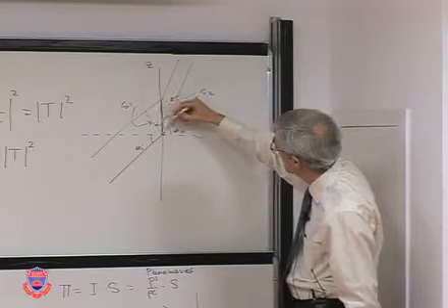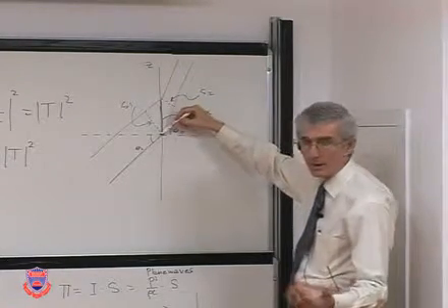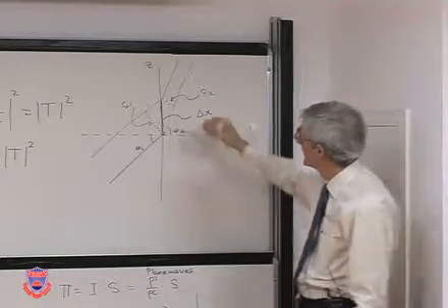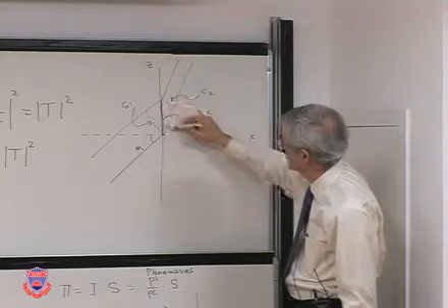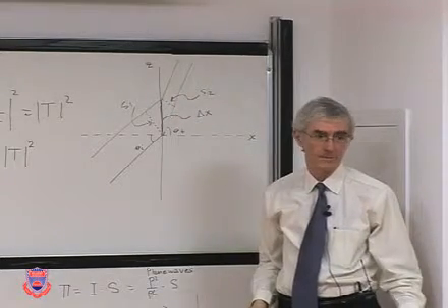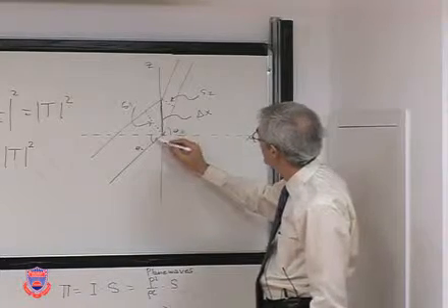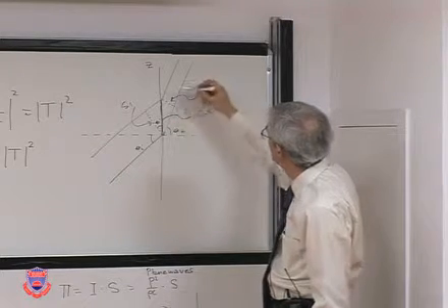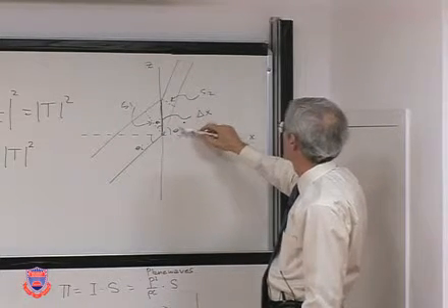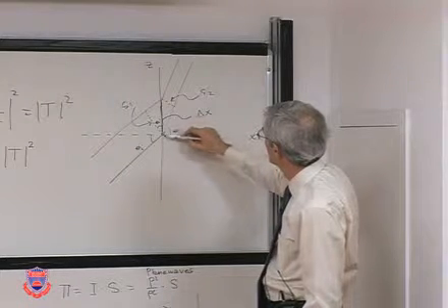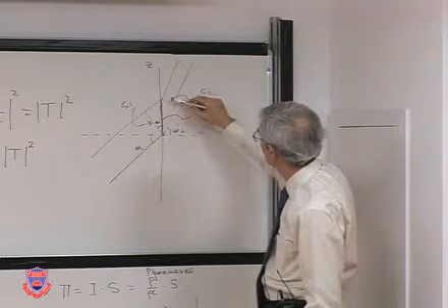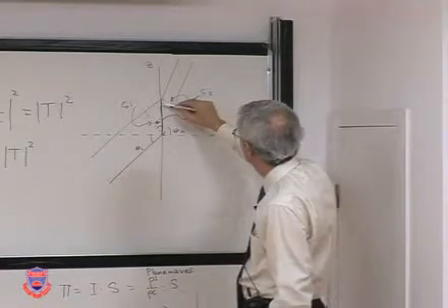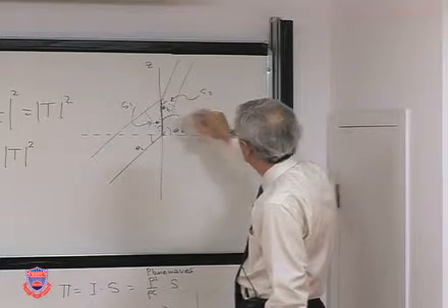So you can have that as one area, S1, and this is the other area, S2. Now, between these two triangles, the hypotenuse is common. And this is the angle here, theta I, and this is the transmitted angle.